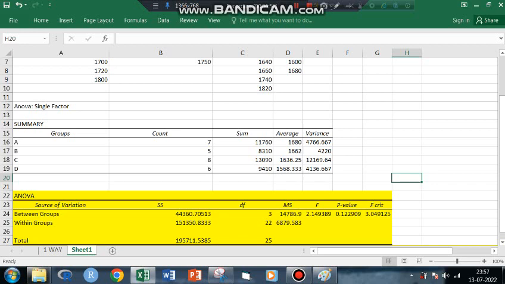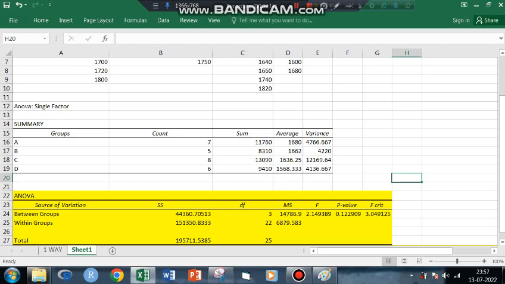Now when the F observed is more than the F critical, we reject H naught at that level of significance. Here we fail to reject H naught at 5% level of significance, because the F observed is less than the F critical value.